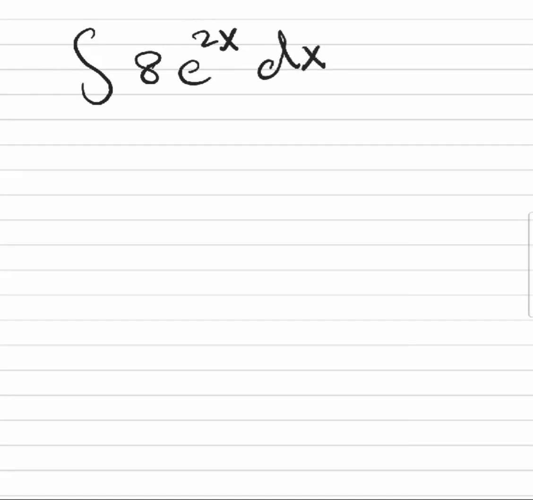Now let's try a few more examples. Try these two: 8e to the 2x, and also 12e to the 3x. So this is going to be 8e to the 2x divided by the derivative of 2x, which is 2.